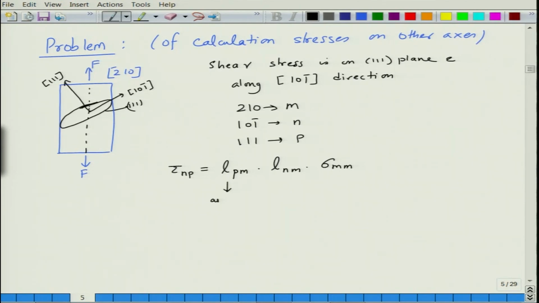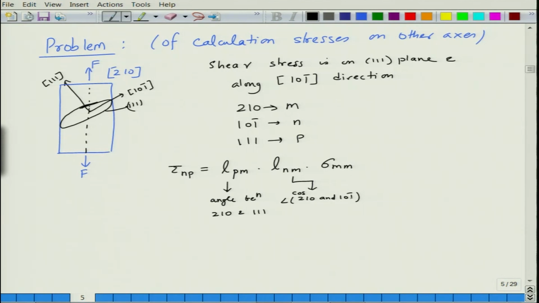LPM is basically the cosine of the angle between P and M, that is the angle between 210 and 111, and LNM is the cosine of the angle between N and M, that is the angle between 210 and 10 bar 1.